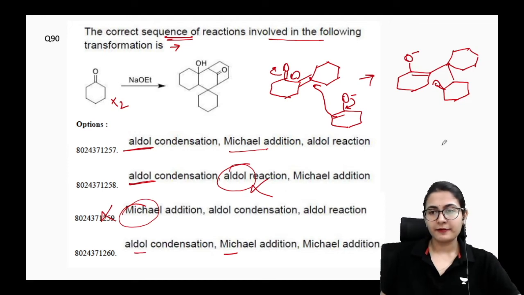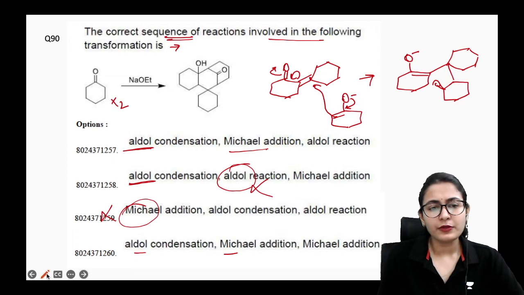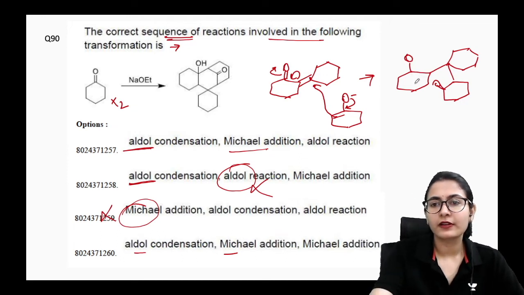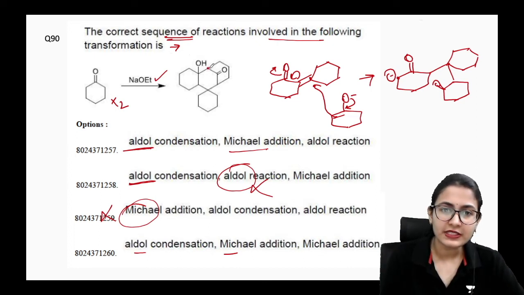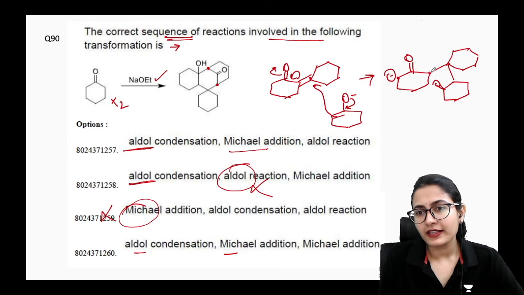Yes, this is what you have. Alright, this is what you have. Now what I'll do is I'll just directly write this molecule as a carbonyl, and then in the presence of the same base I will try to remove a proton from here. Why from here? Because you see both the ends of the carbonyl are locked. So one end is already forming a bond with this ring, the other end must also form a bond with this.